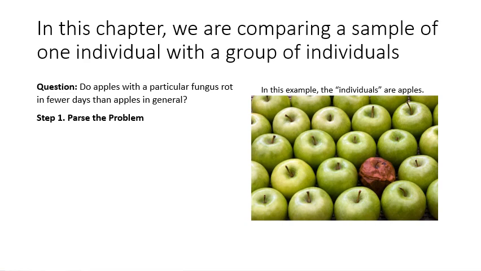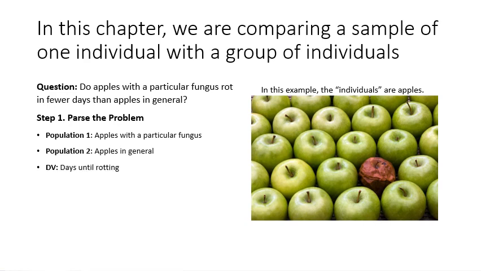So step 1 is parse the problem. We worked with this last time. Population 1 are apples with a particular fungus. Population 2 are apples in general. The dependent variable, also called DV, is days until rotting, the number of days until apples rot.